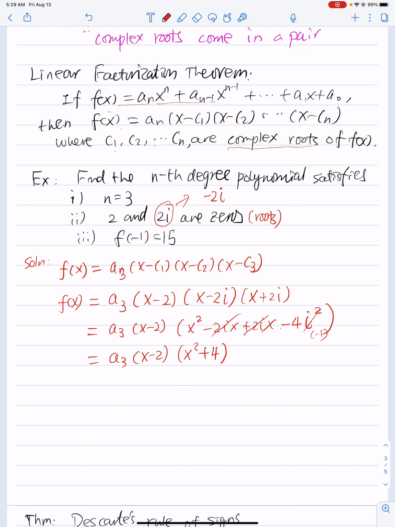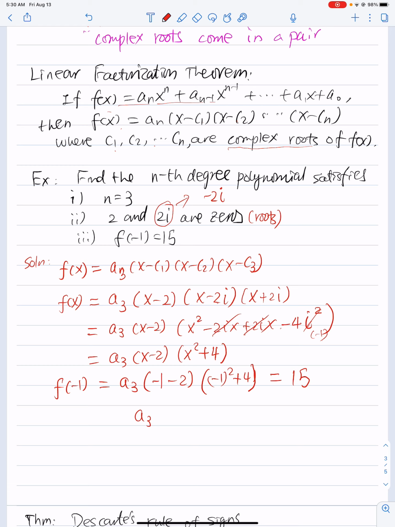So what will f(-1) be? a_3(-1 - 2)((-1) squared + 4). So what does this thing equal to? 15.